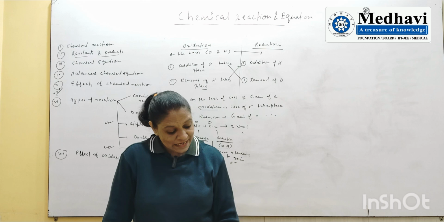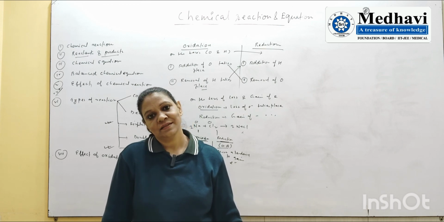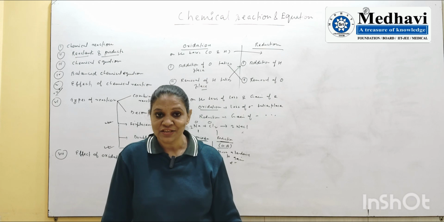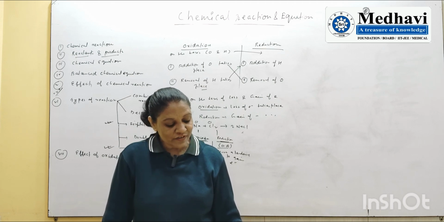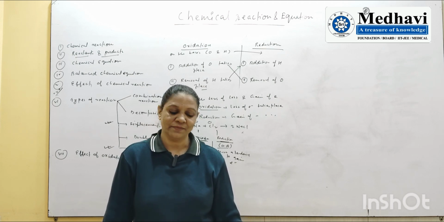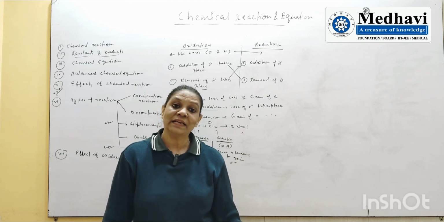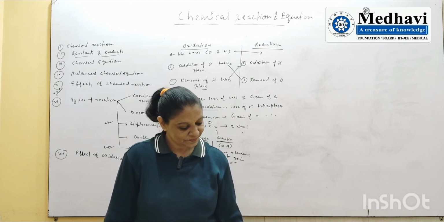Magnesium is a highly reactive metal, so it reacts with air to give magnesium oxide. That's why we clean it before using, because when we clean, we remove the magnesium oxide layer.